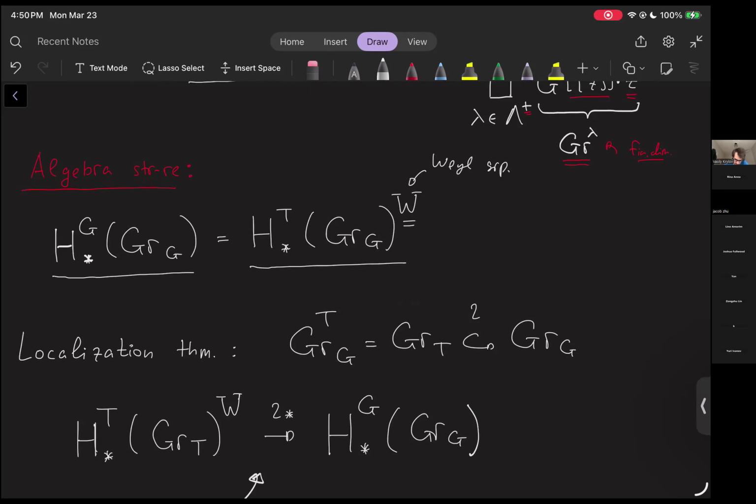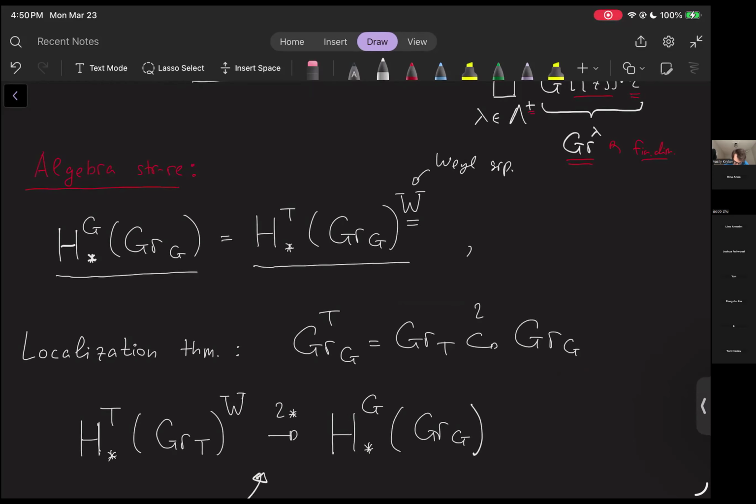We have a torus, which I denoted by T. Now T is a maximal torus inside G, and it acts naturally on the affine Grassmannian just by left multiplication. The fixed points under the action of this torus can be identified with the affine Grassmannian of T that we considered before. And we have a closed embedding, iota.